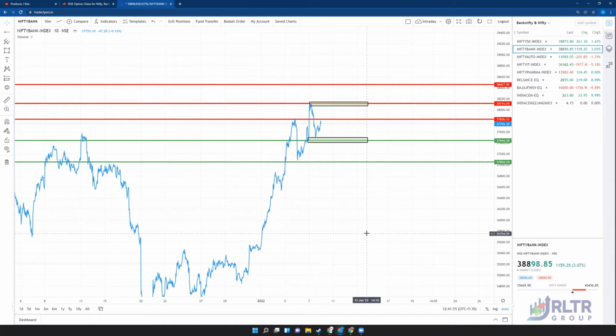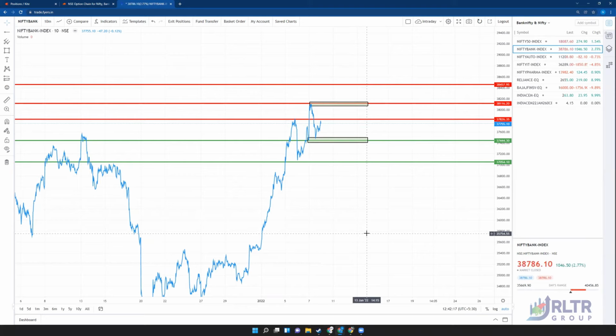A lot of people think that, since RLTR showed very little profit last month, RLTR is just showing 2,000, 3,000 rupees as profit. But believe me, it is just the difference in managing the size of the account that you have. The amount is irrelevant because it all depends on the number of points.